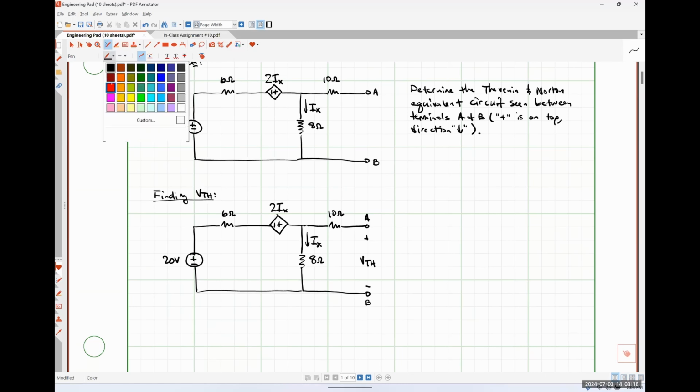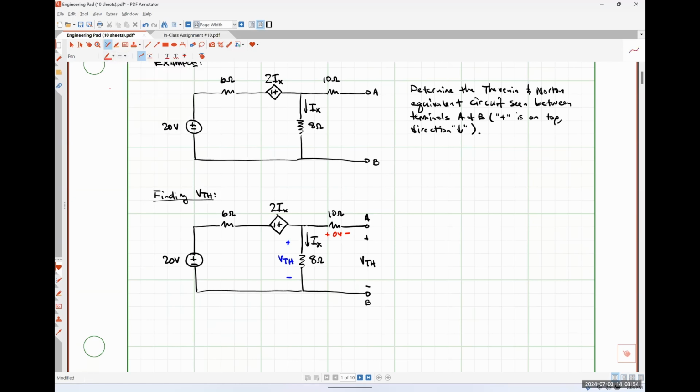So hopefully, we can all see very easily that the voltage drop across the 10 ohm resistor in this case is most definitely 0 volts because the 10 ohm resistor here on the right is not part of a closed current carrying loop. So if there is no voltage drop across the 10 ohm resistor, then I believe we can say that our Thevenin voltage is simply the voltage drop across the 8 ohm resistor.